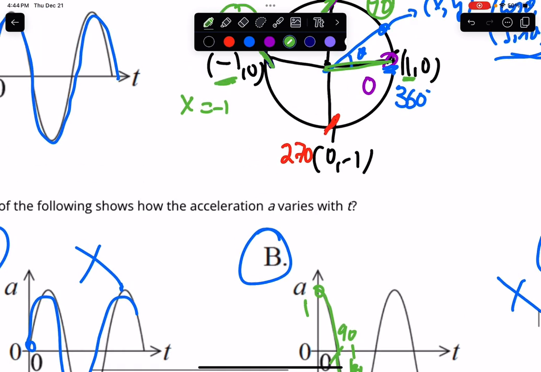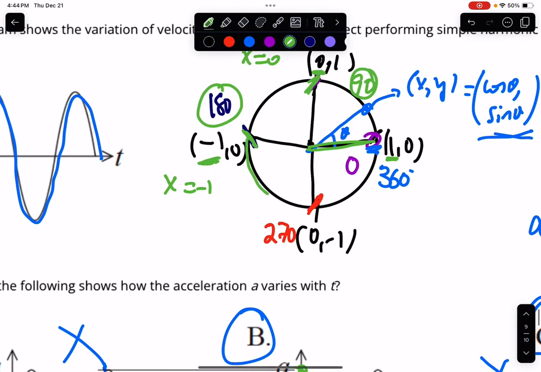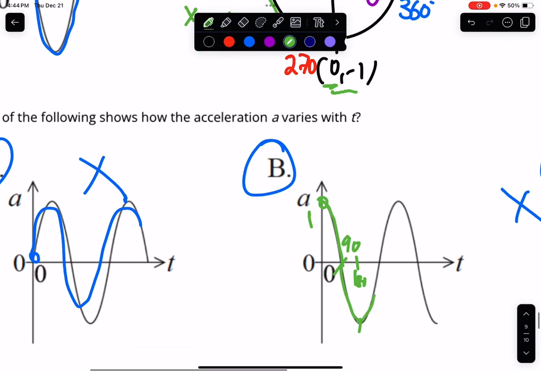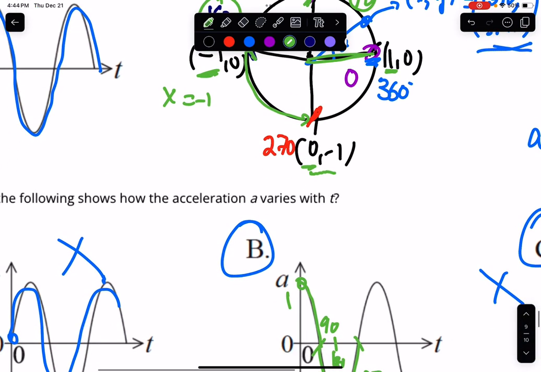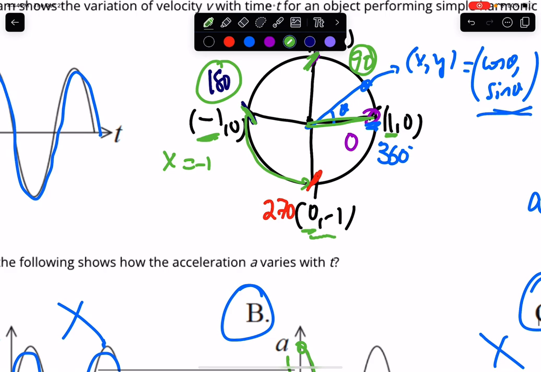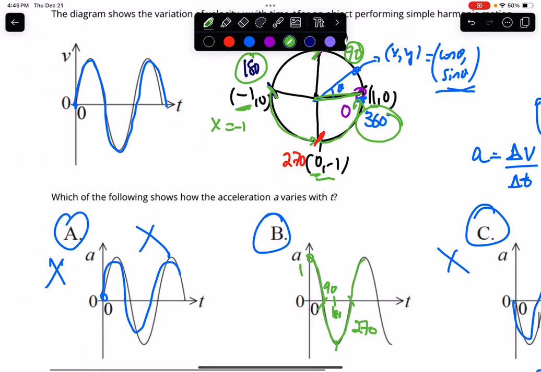From 180, when you go to 270, the x value is once again 0, which is why you go back to 0 at 270. Then from 270 you go back to 360, and we know at 360 the value is 1, and so this shows one period of the cosine function. So the cosine function is going to basically vary with x.